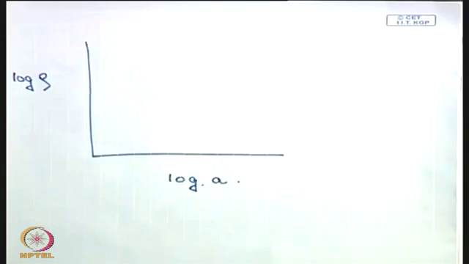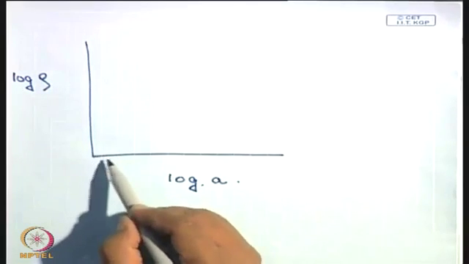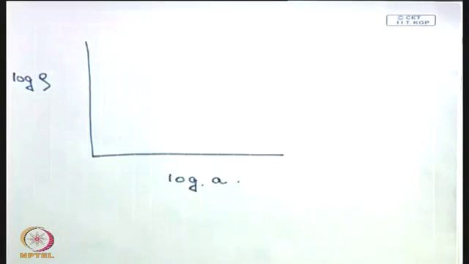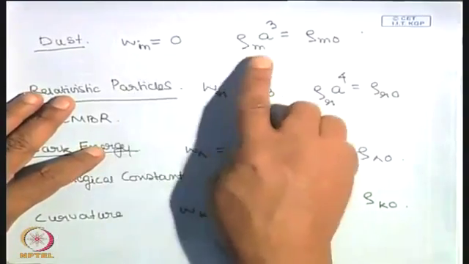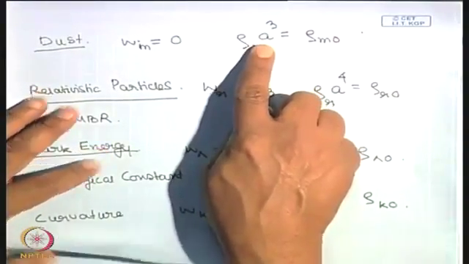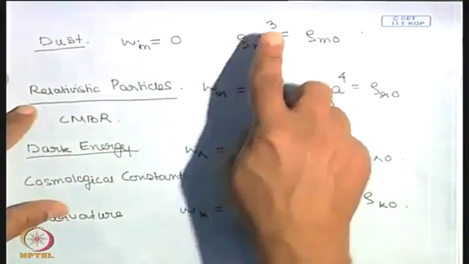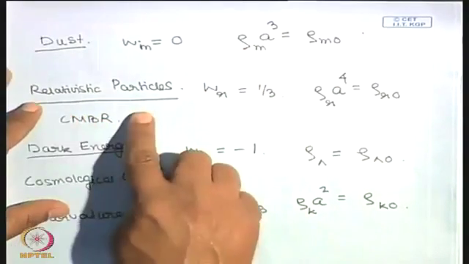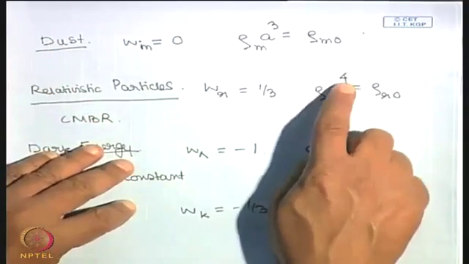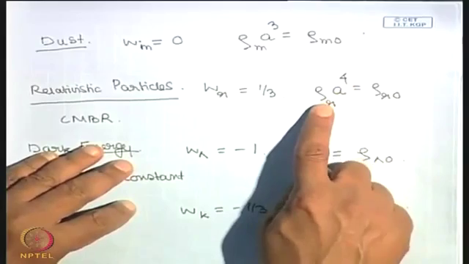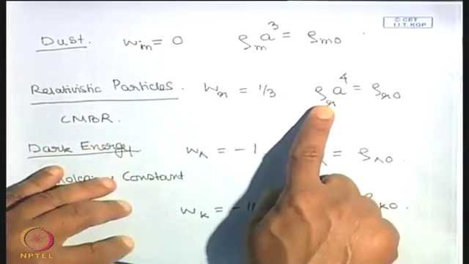Okay. So, as the universe expands, you are going to a larger and larger scale factor, the density is going to fall. For dust, for ordinary matter, the density will fall as a to the power 3. Okay. For relativistic particles like the CMBR, the density will fall as a to the power 4. So, this is going to fall the steepest of all the components.